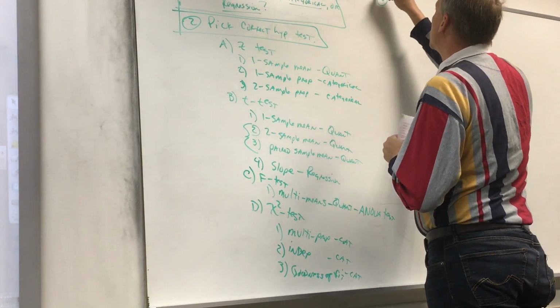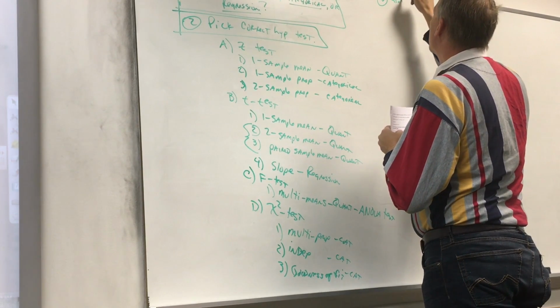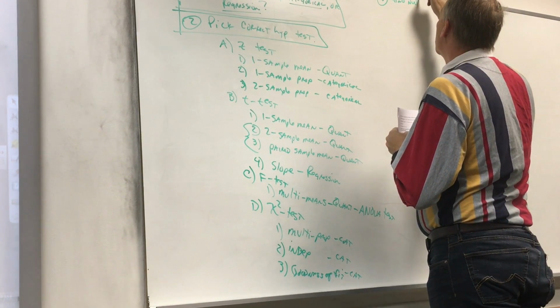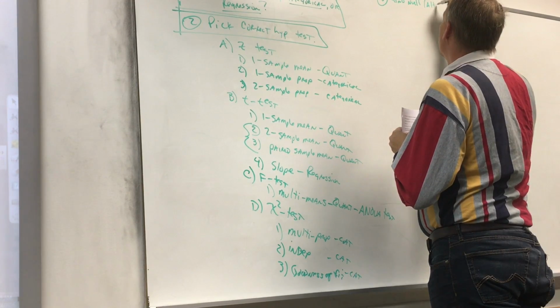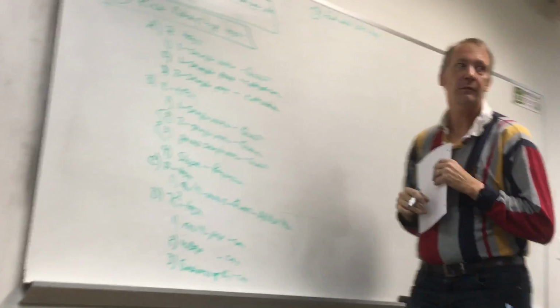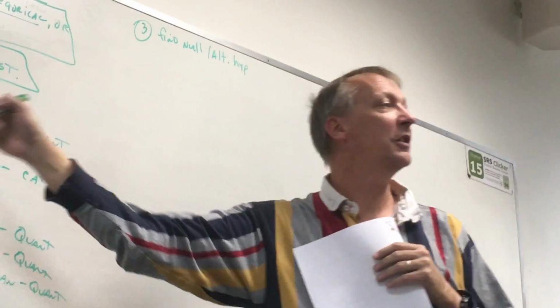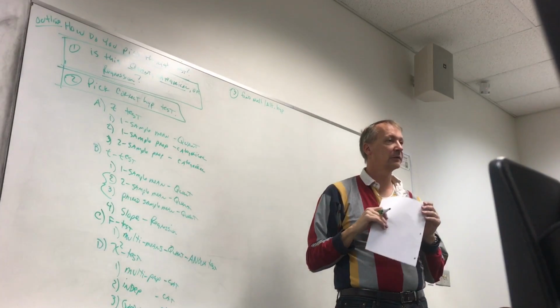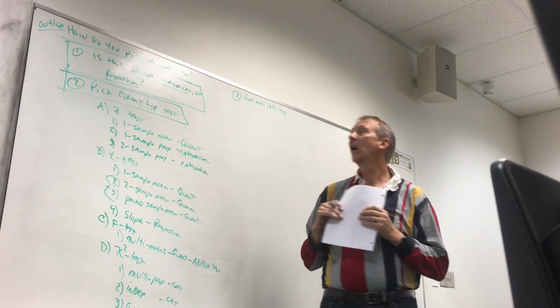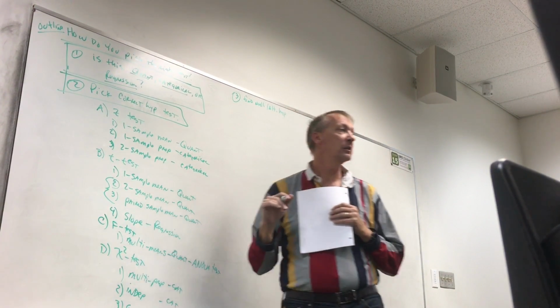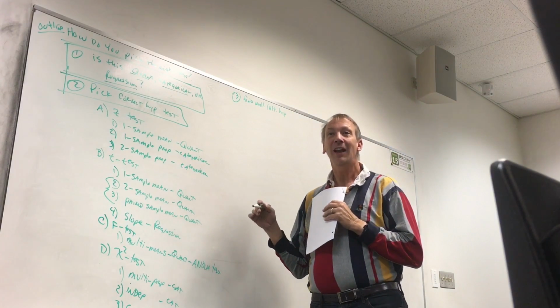All right, step number 3 is find the null and the alternative hypothesis. Okay? Now, your null and your alternative hypothesis are going to depend on which test you picked. Commonly, I'm not going to list them all, but I'm going to list the main categories.